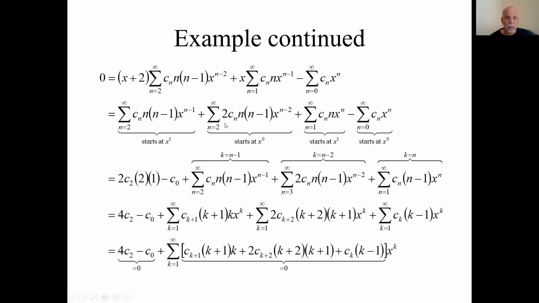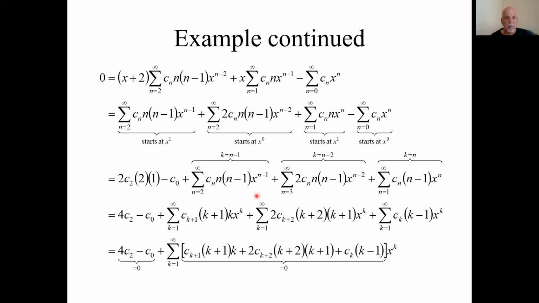This guy's first term will be 2 times c sub 2 times 2 times 1 times x to the 0, which is 1. This guy's first term is just c sub 0 x to the 0, or 1, so minus c sub 0. Pull those first two terms out.